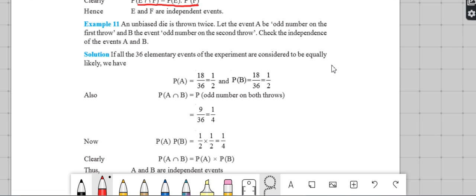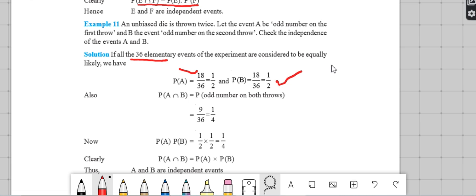Check the independence of events A and B. Now you know that when you throw a die twice, we have a total of 36 outcomes. Out of 36 you have 18 elements which contain an odd number. Okay, so the probability will be 1 upon 2 and the same probability for P of B, also 1 upon 2.